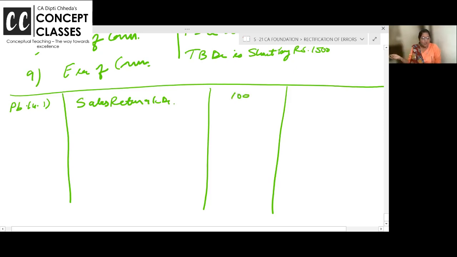Sales account is wrongly credited because they have put the entry in the sales book, and when you put it in the sales book, you credit. So sales account debit 100. And Sharma's account is correctly credited. So now you put this in the suspense account.